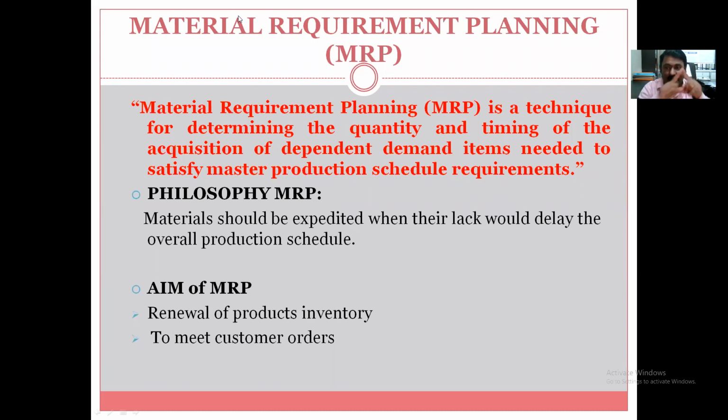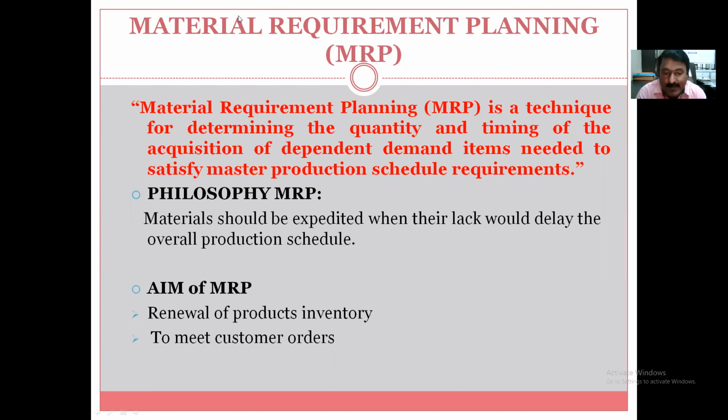So this is the master schedule of that particular company for manufacturing the different products. And material requirement planning is a technique which will determine what quantity is required and at what time in order to satisfy the master production schedule. This is MRP.